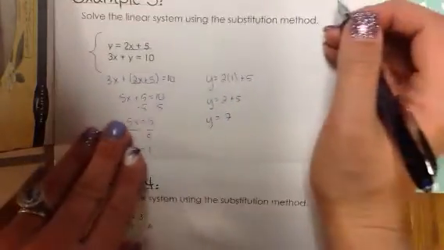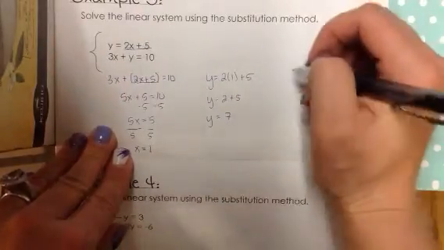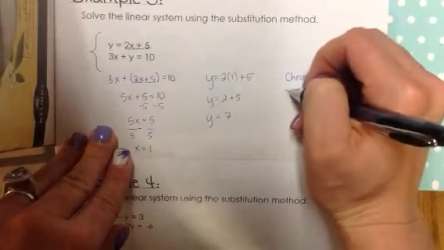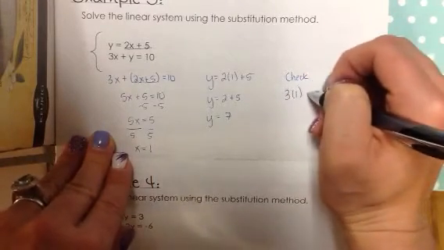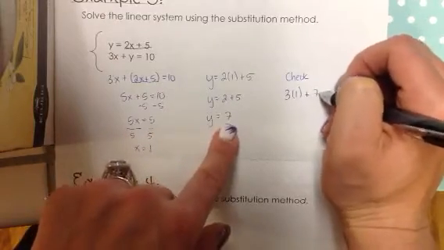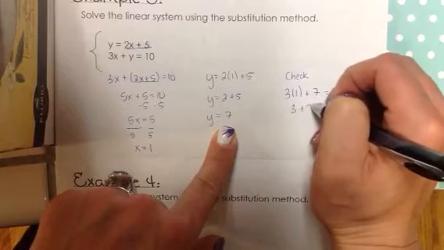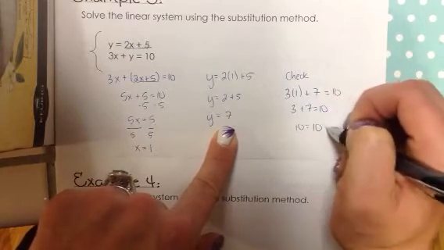I can check this by plugging in x and y into one of my equations and making sure it works. So I will plug in 3 times 1, since x we got was 1, plus 7 equals 10. 3 times 1 is 3, and 3 plus 7 is 10.